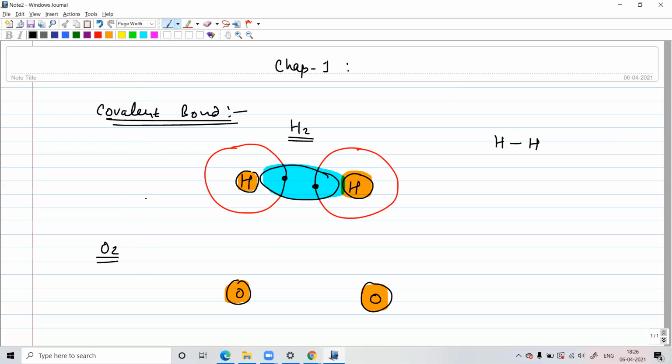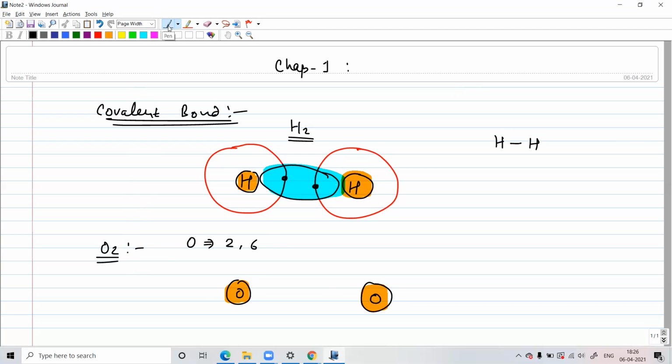Confirm. Tell me, all of you. You should be able to tell me electronic configuration. 2,6. Very good. Electronic configuration of oxygen is 2,6. So in the first shell, there is going to be 2, and the last shell going to be 6.